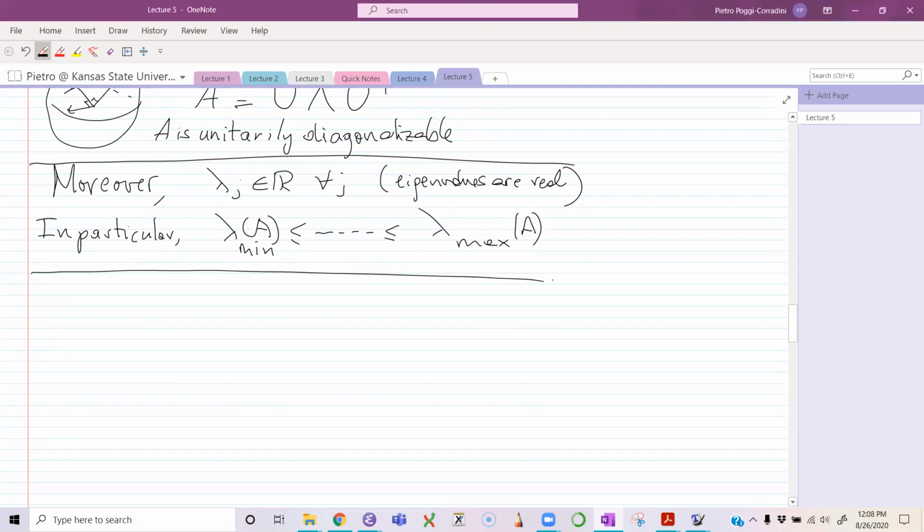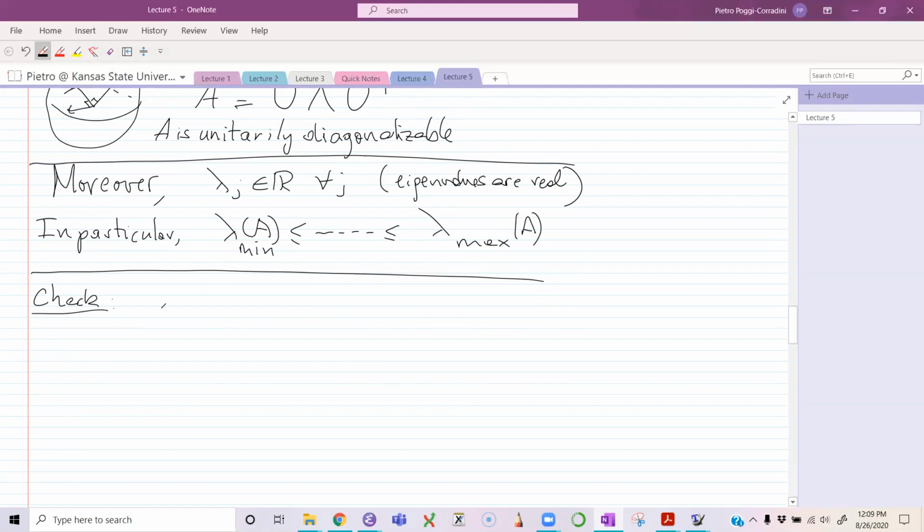Let's check a few things, right? Let's check this last property. How would you check that the lambdas are real? Right.